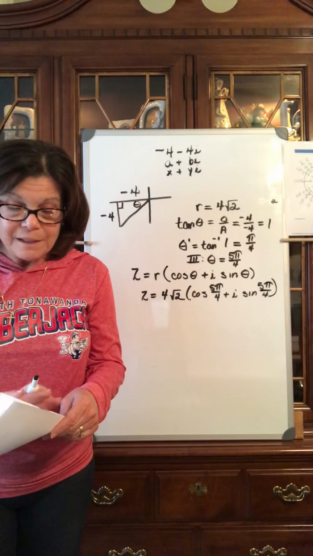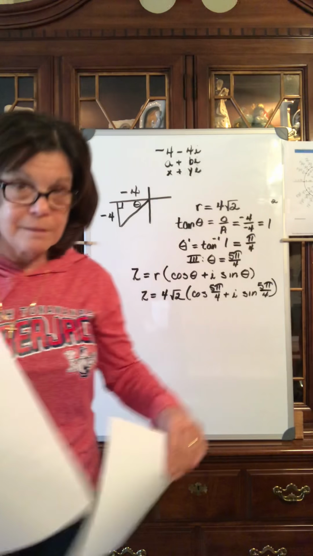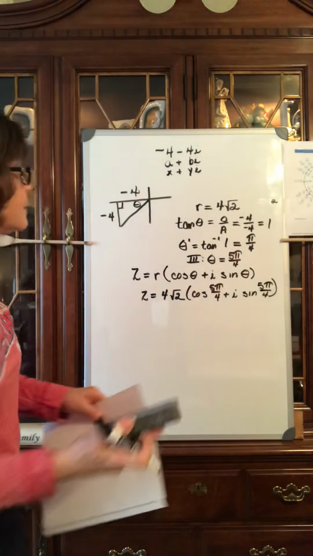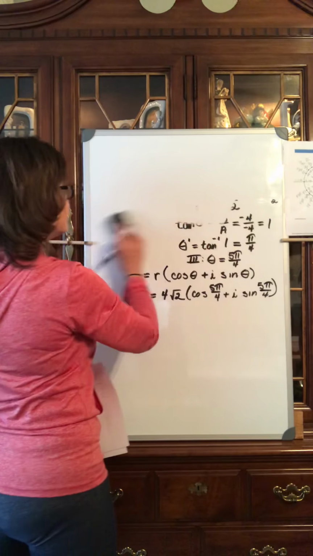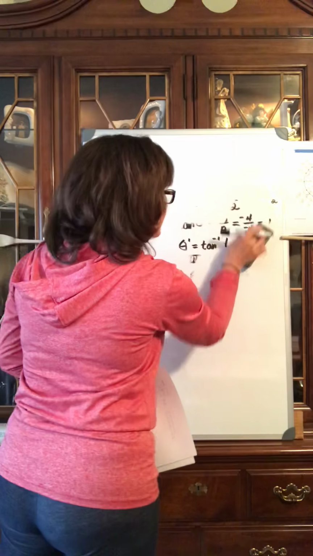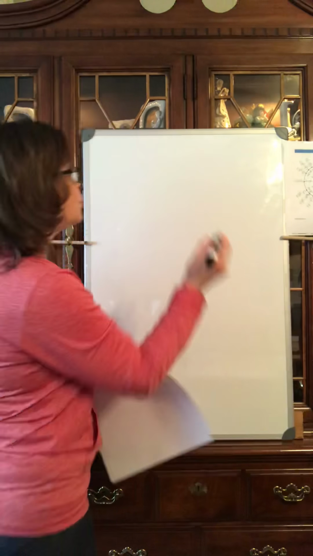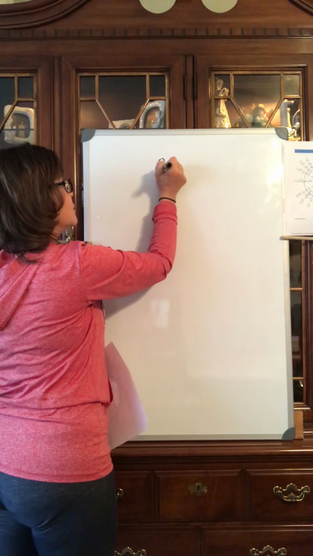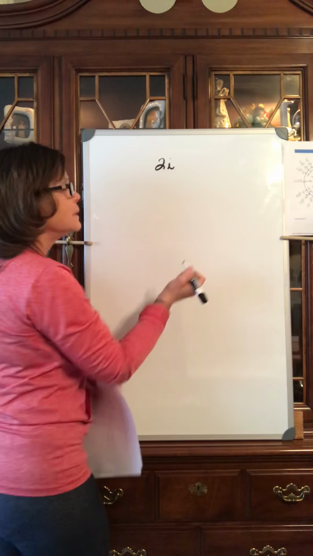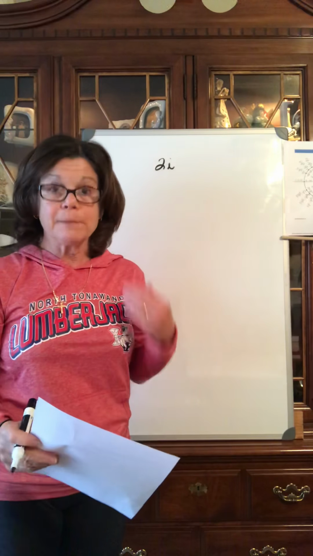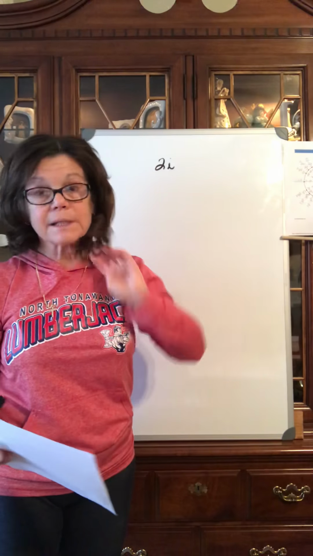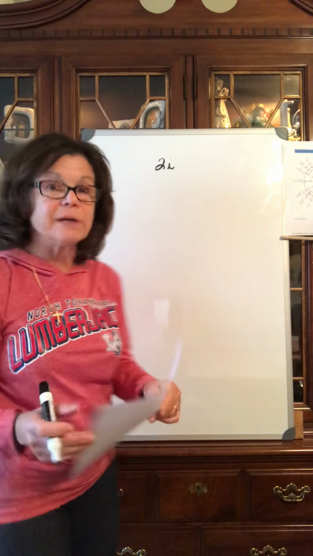Example number 3 is 2i. Every imaginary number, like 2i, can be written as a complex number in a plus bi form.